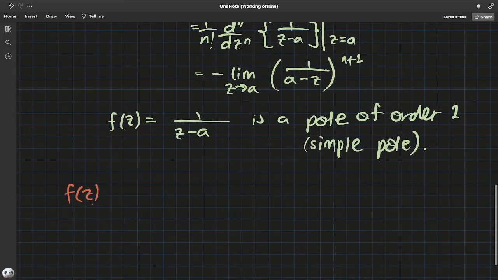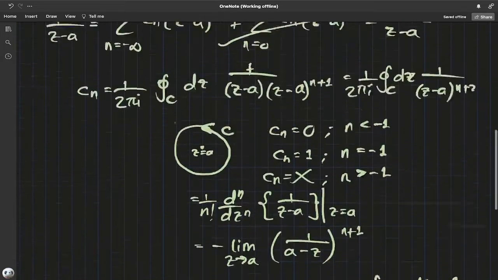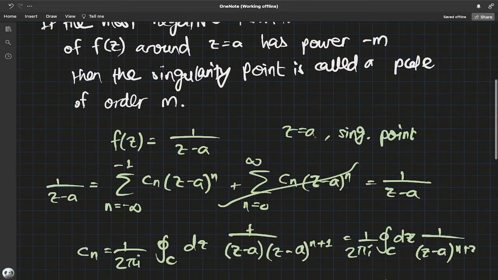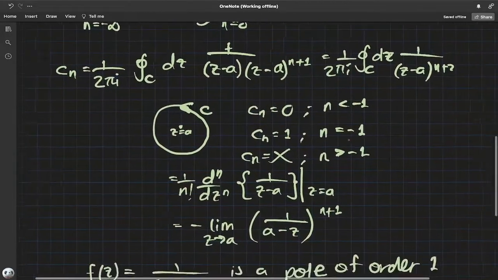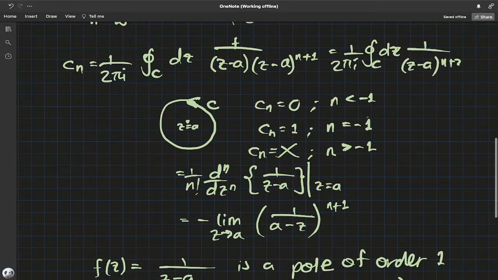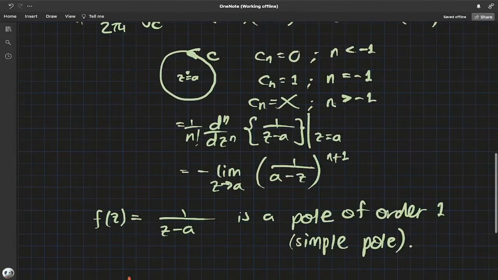So f of z, assuming that is 1 over z minus a to the third power. Well, you can do the exact same thing that we did here. You're going to get a slightly different condition. I think you're going to get for less than -3 and then equal to -3 and greater than -3, and you're going to get similar constants.